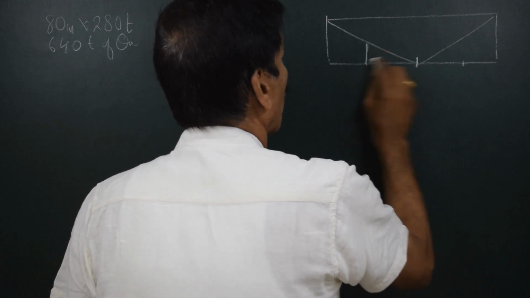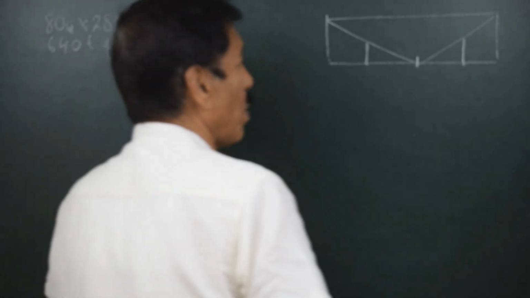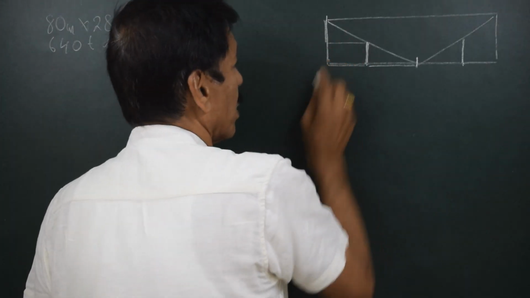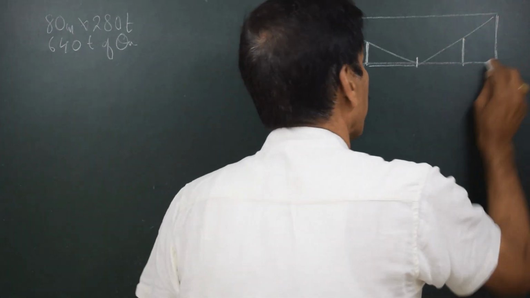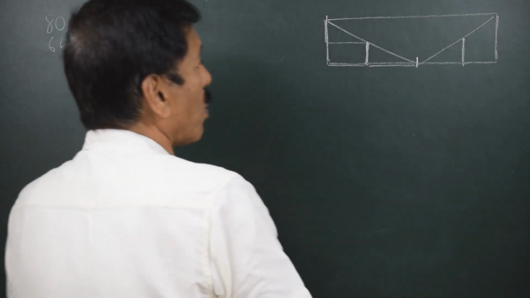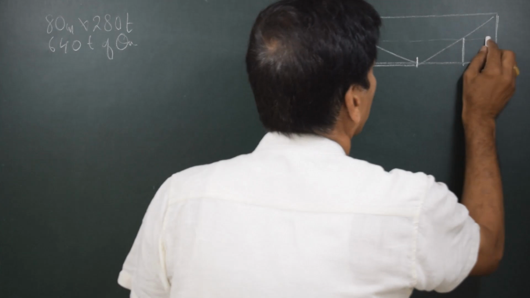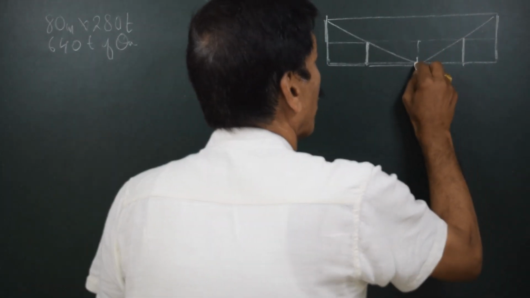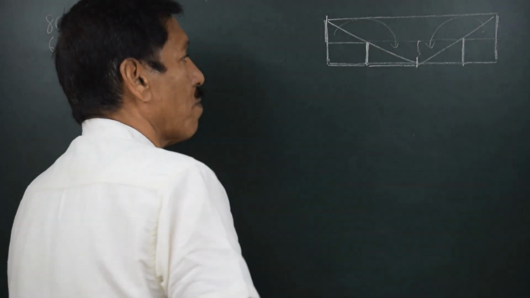By looking at the diagram, or by the principle of similar triangles, the height over here is half of the height over here. Similarly, the height over here is half of the height over here. If the cargo was evenly trimmed, this triangle would have come here and this triangle would have come here.